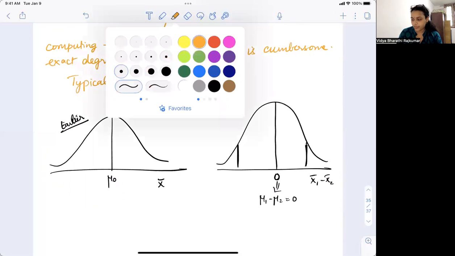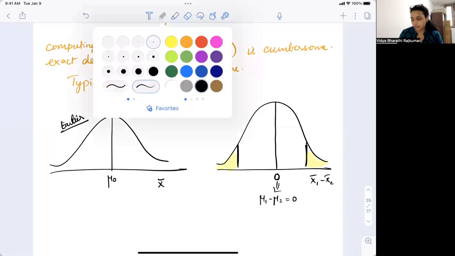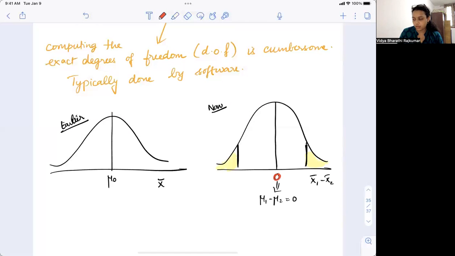Suppose you find a rejection region there, and if you happen to find your test statistic falling into the rejection region, then that is proof that your test statistic is very different from 0. And if your test statistic is very different from 0, it means that mu1 minus mu2 is not 0, or in other words, mu1 is not equal to mu2.